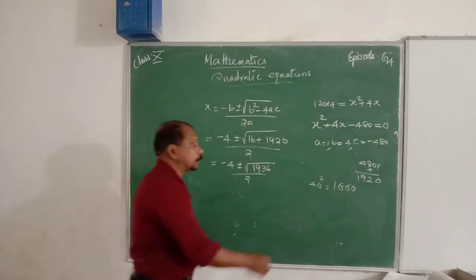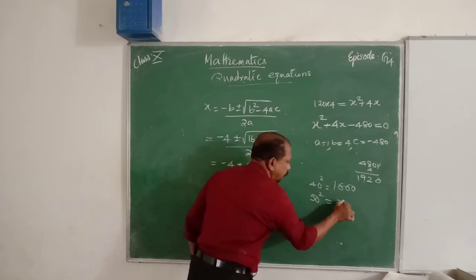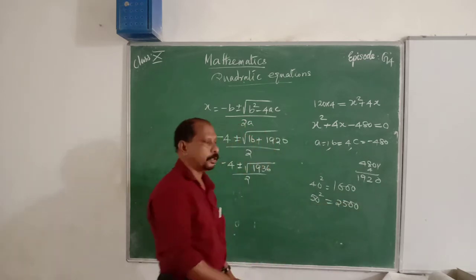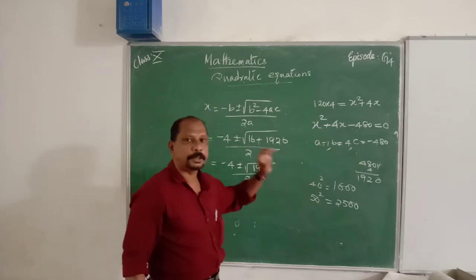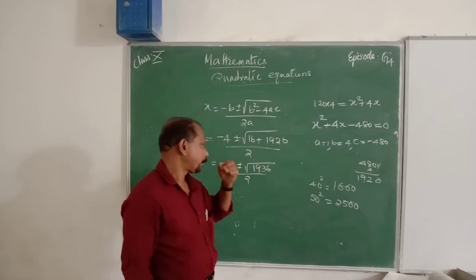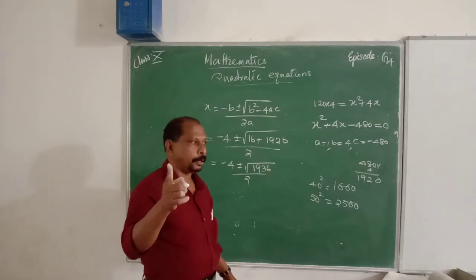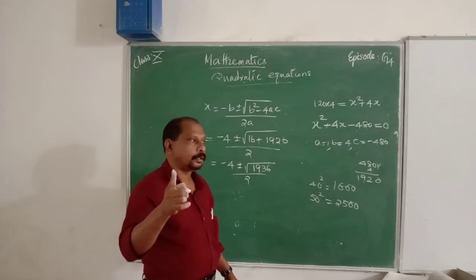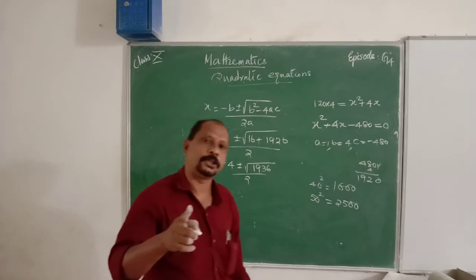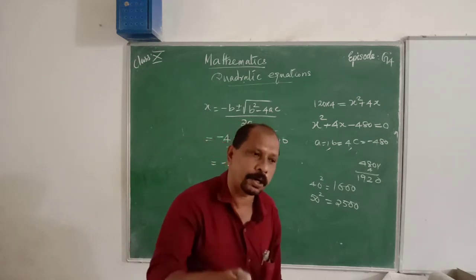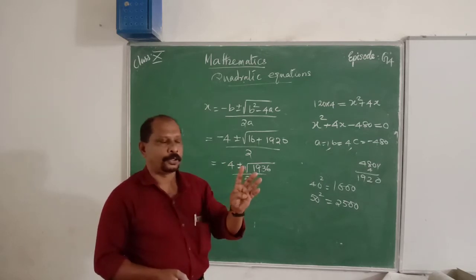And 50 square is what? 2500. Therefore, 1936 lies between 40 and 50. Then the last digit is 6. So the last digit of the square root is 4 or 6.